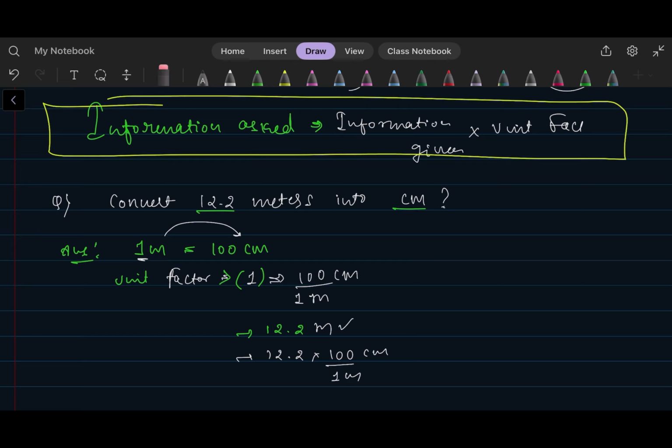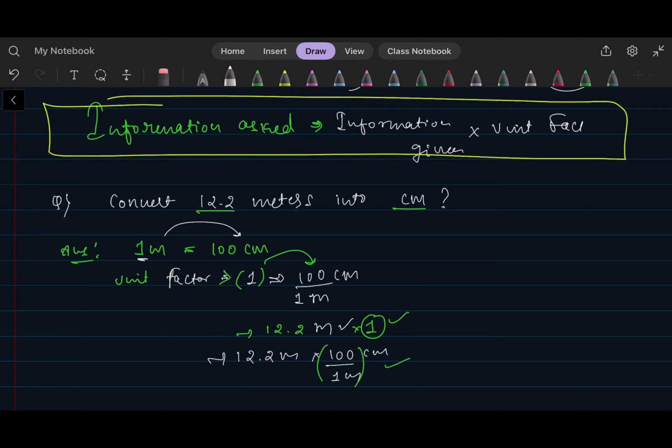The data is already given in terms of meters only. Sir, from where did you get 100 by 1 meter? I multiply the above equation, 12.12 meters, by 1. 1 is nothing but the unit factor, which is 100 centimeters divided by 1 meter. I kept the value as it is here also.